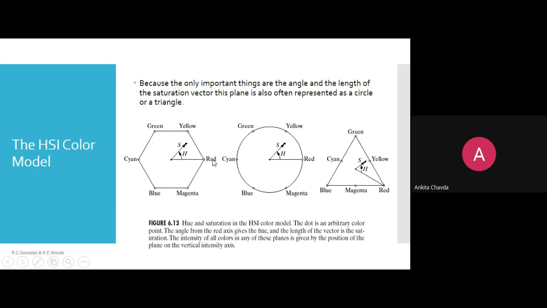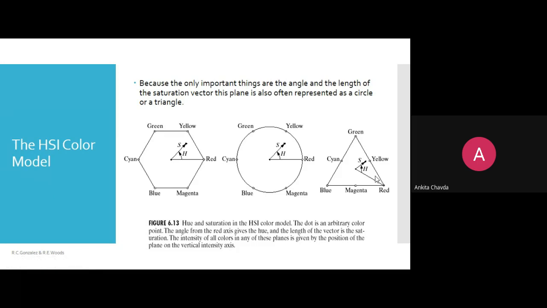So here you can see the red axis, that is our main reference axis. From there, whatever angle they are making, that is your hue. Whatever the vector length from your white point to that particular color, that is known as saturation. Same way for the circle, same way for the triangle, red would be your reference.